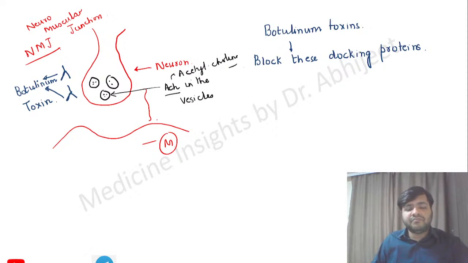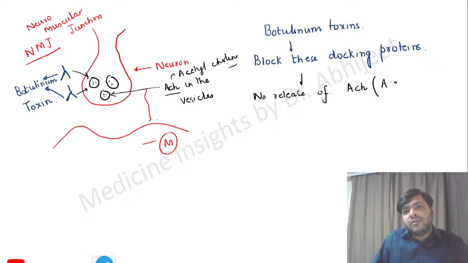But acetylcholine will not be released. The botulinum toxins will block these vesicular proteins, so obviously there will be no release of acetylcholine, or ACh.